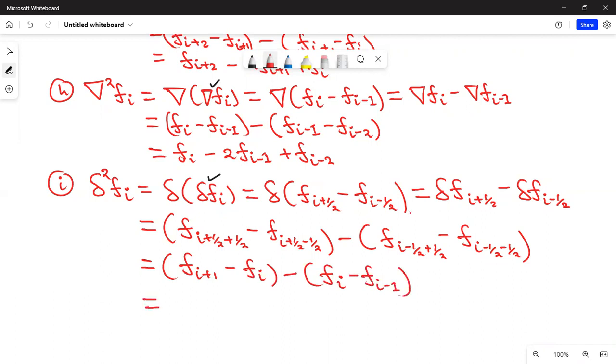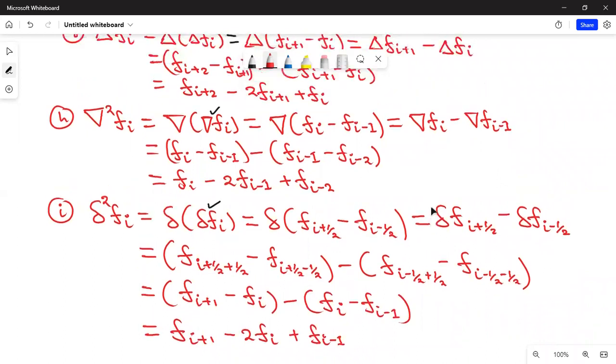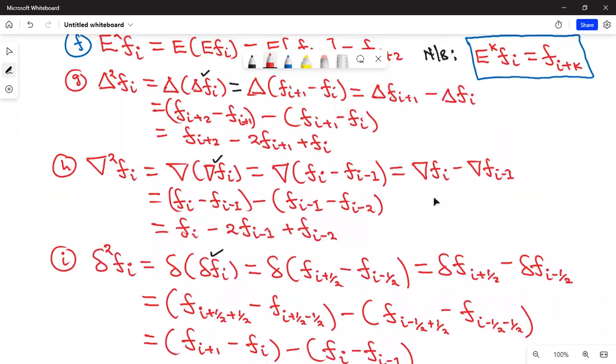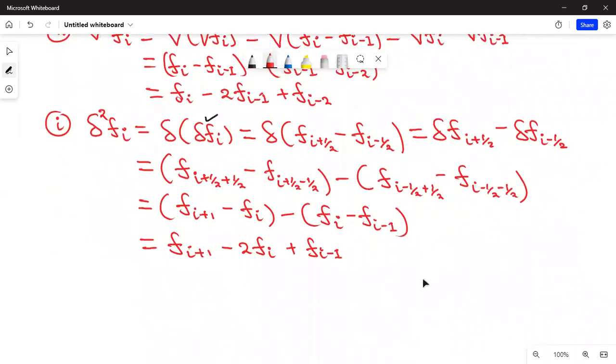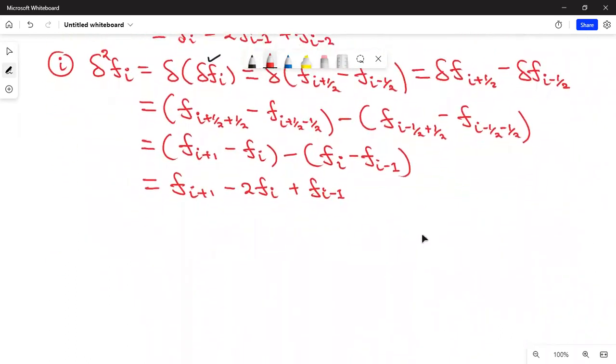And so this is the same as fi plus 1 minus 2fi plus fi minus 1. So that's what we have as the central difference operating on fi twice.